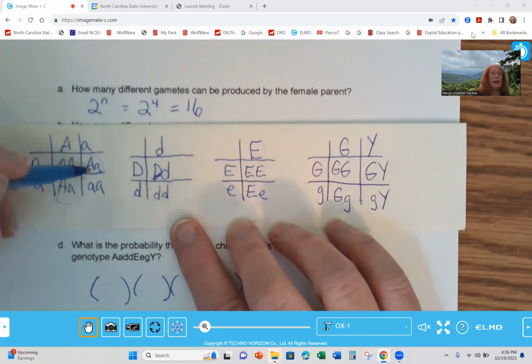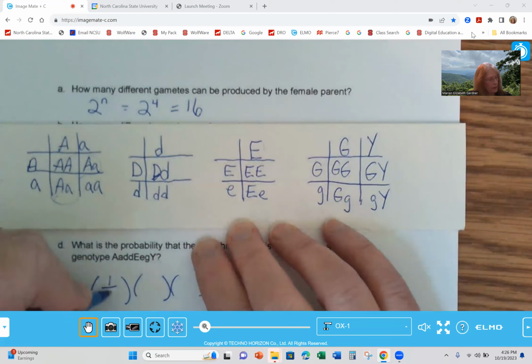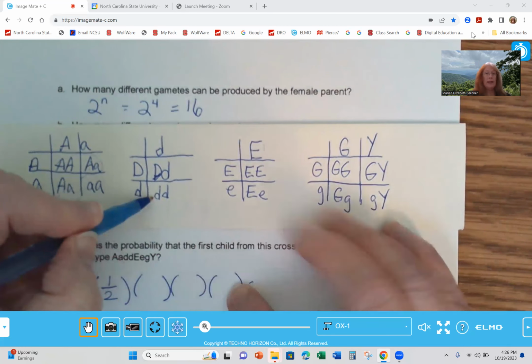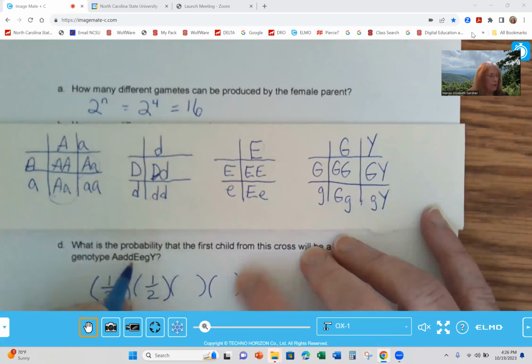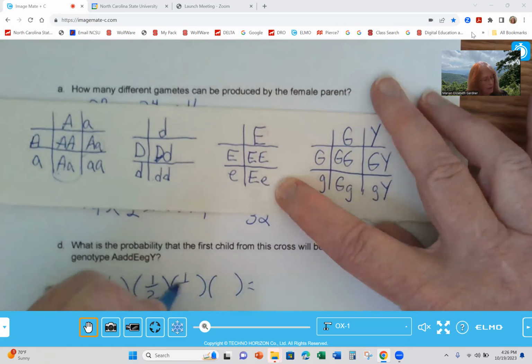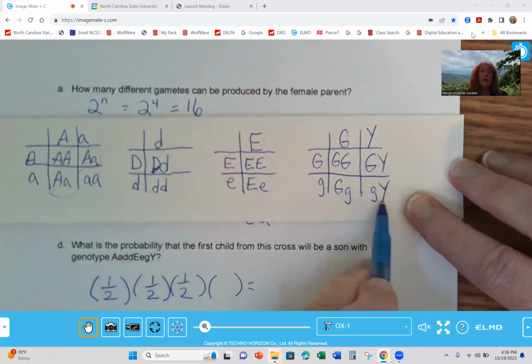Half of our progeny are big A little a. For little d, 1/2 are little d. For big E, 1/2 are big E. And for little g Y, only 1/4.